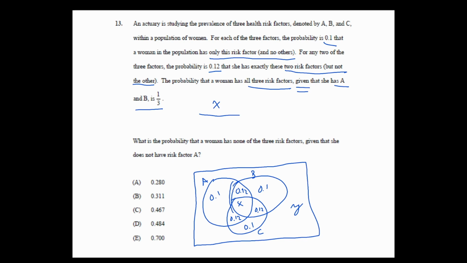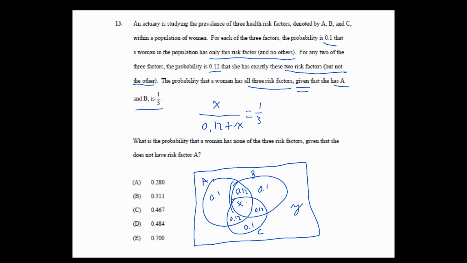It could be that she has two factors or she has three factors, but they're all included within the denominator. So we're going to do 0.12 plus X, right? Because all of this population and this population are included with this subpopulation. And this probability is equal to 1/3.